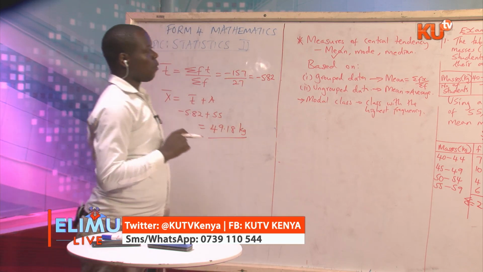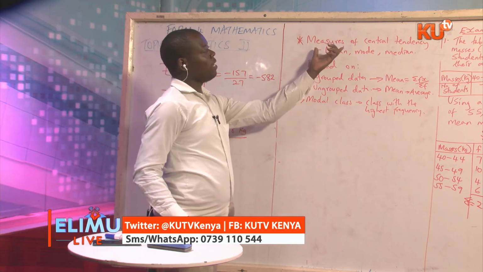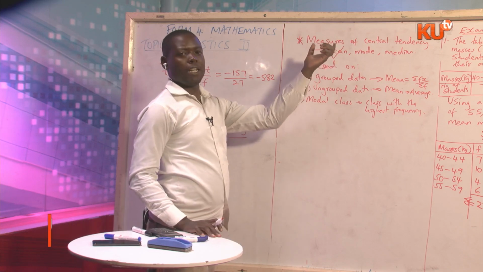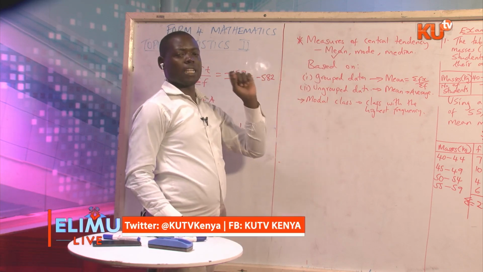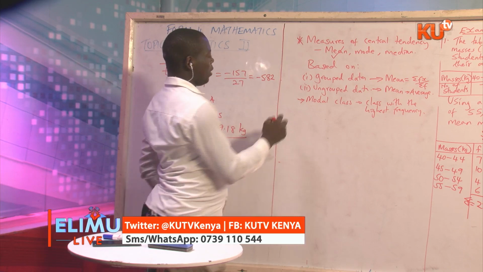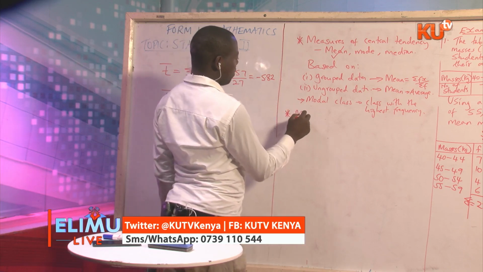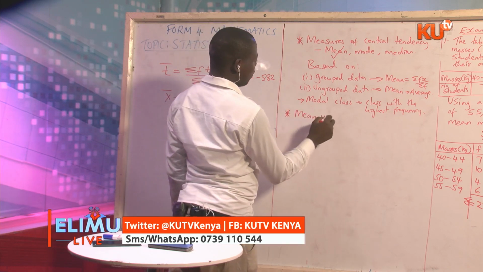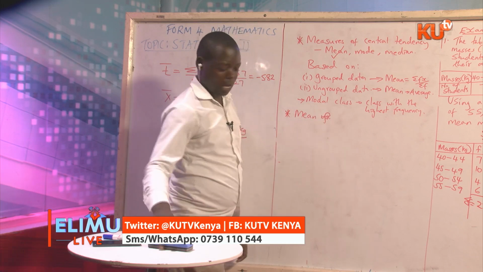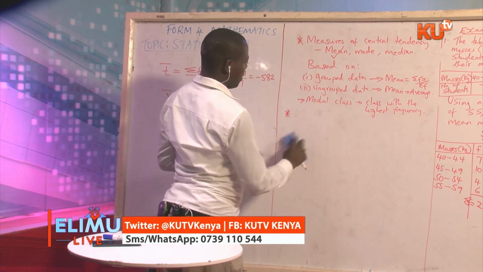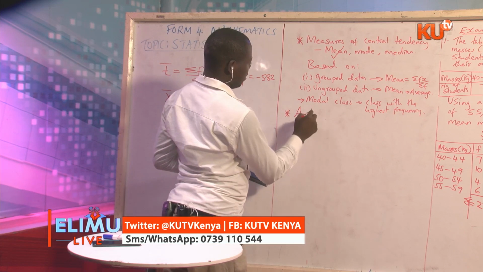Then we moved from this mean, which you are calling the actual mean, to the discussion of the actual mean from an assumed mean.